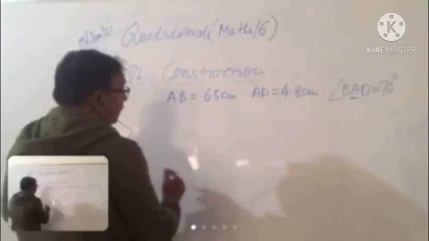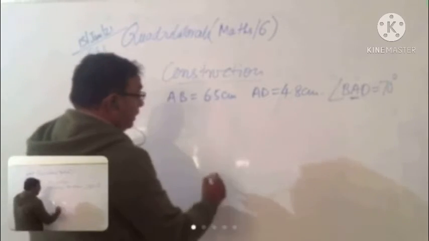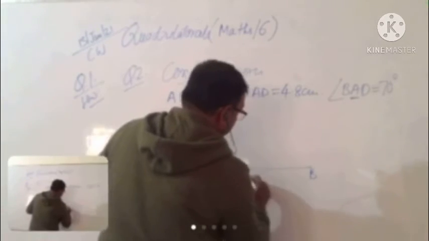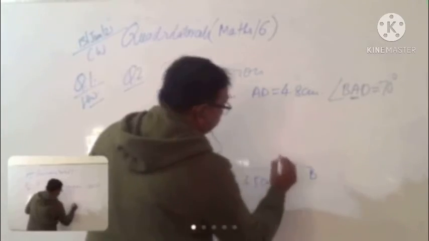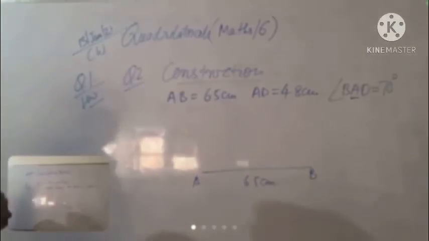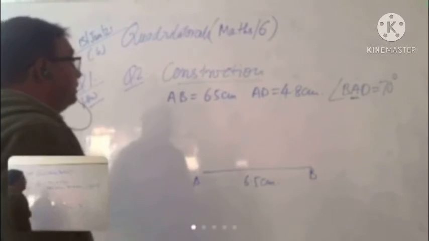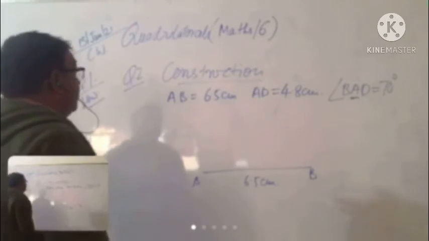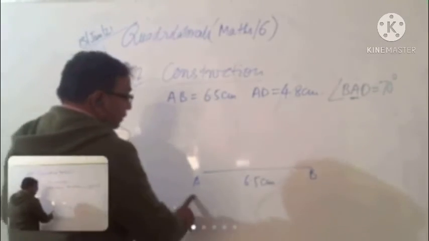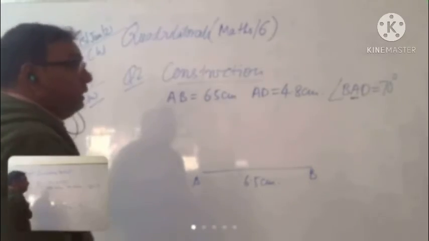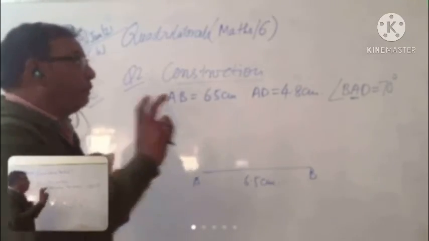So first we draw AB, 6.5 centimeter. You must use the scale to draw AB 6.5 centimeter. Without scale or without measurement, the construction is not right. It is a rough figure. I am drawing a rough figure on the board to explain to you. You all can use the scale.